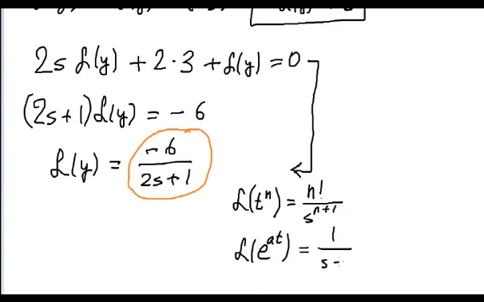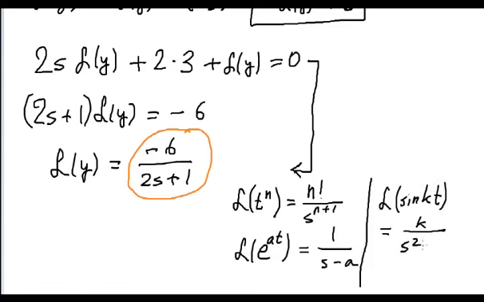The formula is this. Then we also have some formulas for L of sine of kt. The formula is k over s squared plus k squared. And then there is also a formula with a cosine.